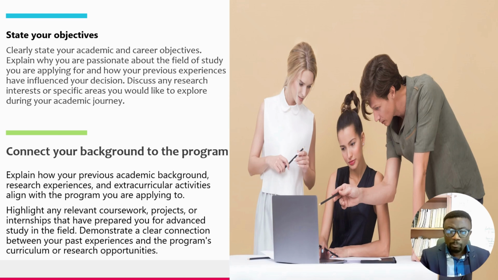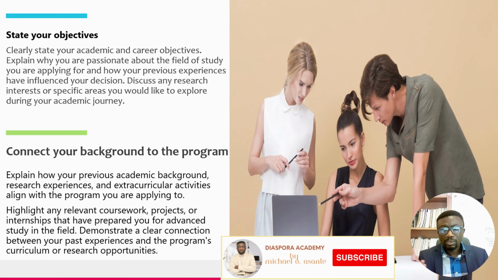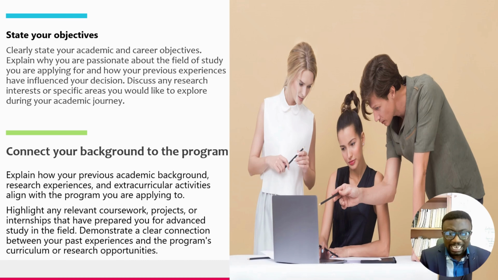Look at the topics that you undertook during your bachelor's, and then try to connect that to the courses at the department. What are the specific areas that the department or the university focuses on? When you know these specific areas, then you try to connect your background to them.